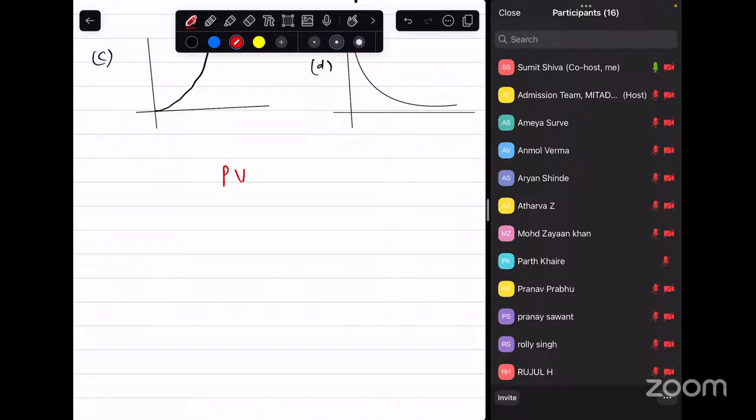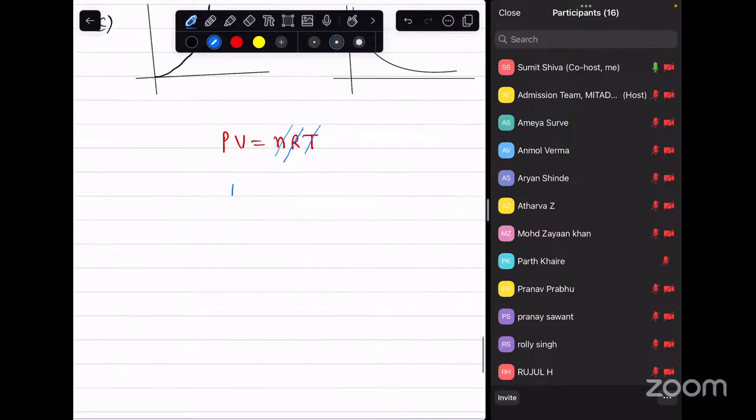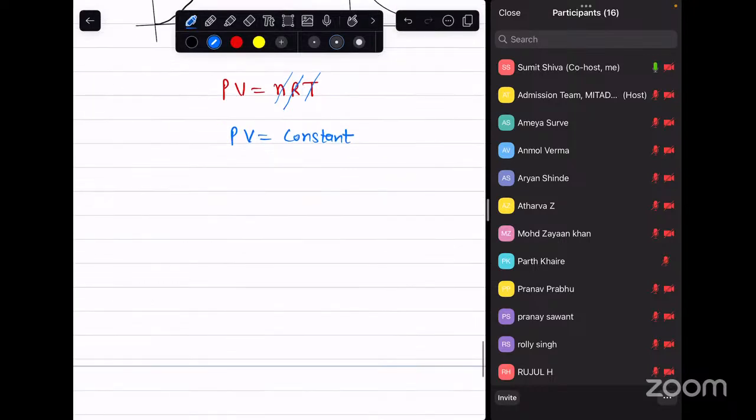Yes. PV is equal to nRT. And in case of Boyle's law, temperature is constant. So n is constant, R is constant, T is constant. So we will have PV is equal to constant, which means this graph will look like xy is equal to constant.